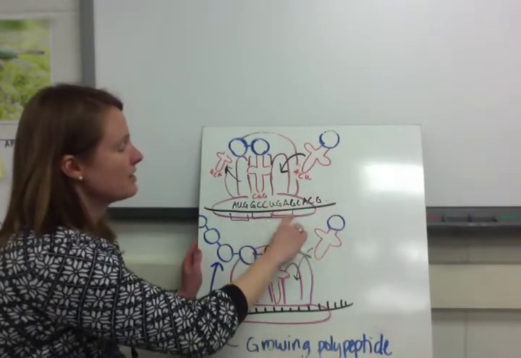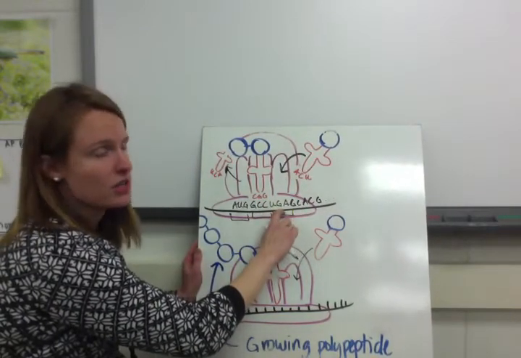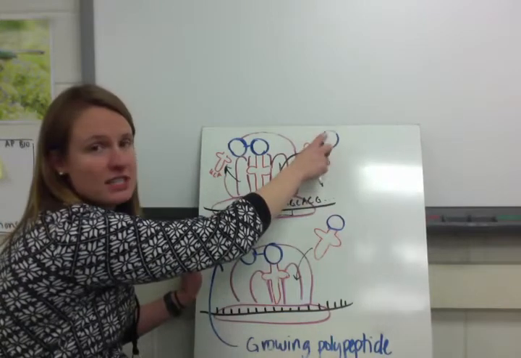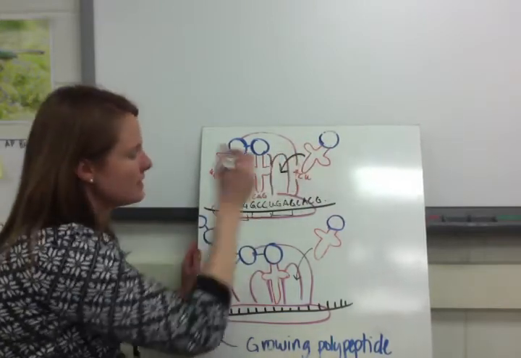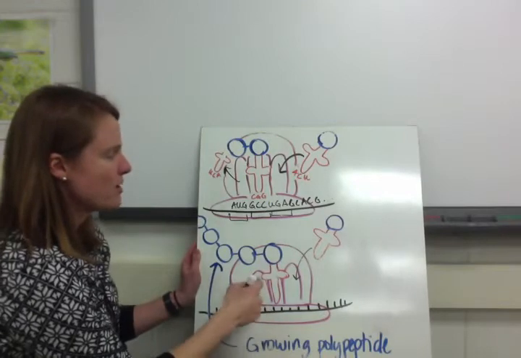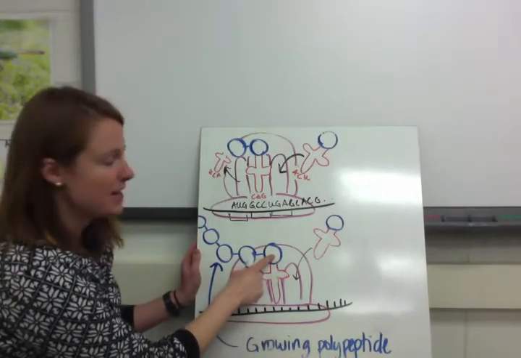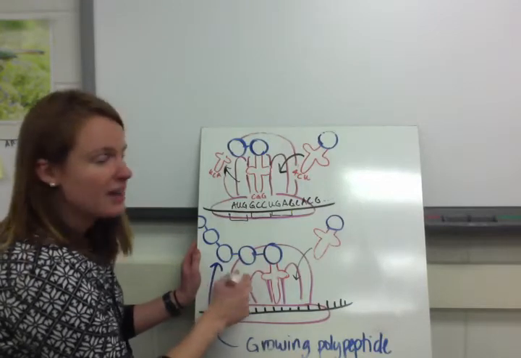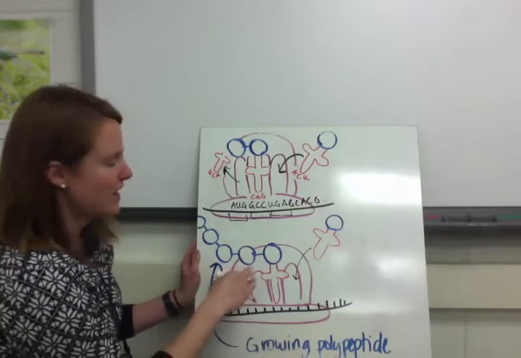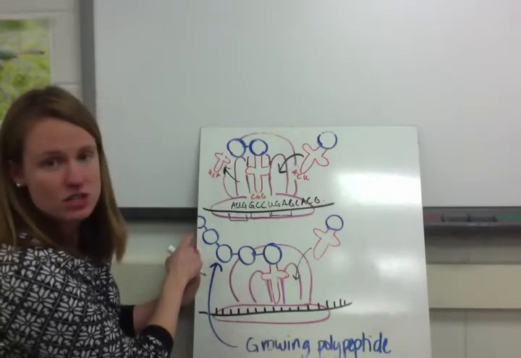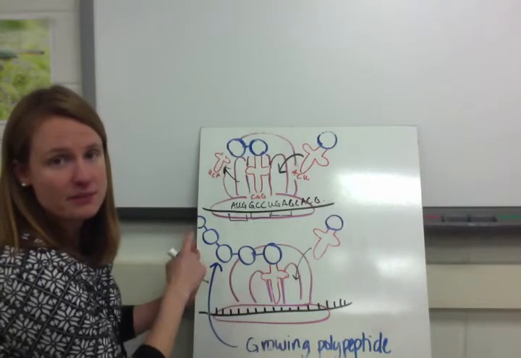Whatever amino acid goes with this codon, you can look at your codon chart, would be attached to this tRNA. So that comes into the spot. The ribosome creates a polypeptide bond between that amino acid that's just been brought in and the one that was there before. And that continues over and over again as you grow a polypeptide chain, so aka growing a protein.